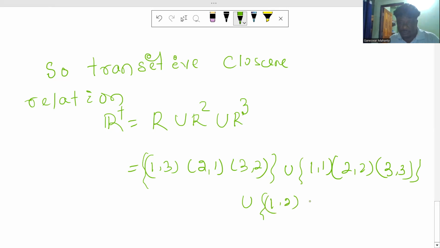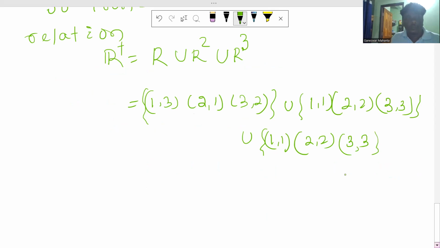Sorry, 1 minute, I have written it wrong. The 1, 1 relation is found here: 1, 1 relation, 2, 2 relation, and 3, 1 relation, 3, 3 relation. We need to combine these. Whenever a relation is repeated, we retain it once. The 1, 1 relation is given first, so we retain it.